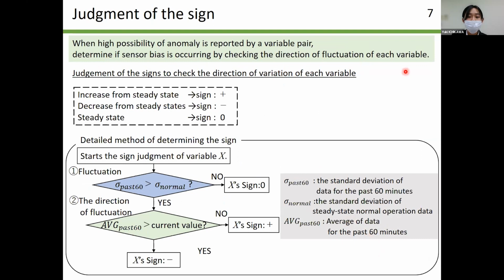Furthermore, when a high possibility of anomaly is reported by a variable pair, determine if sensor bias is occurring by checking the direction of fluctuation of each variable.